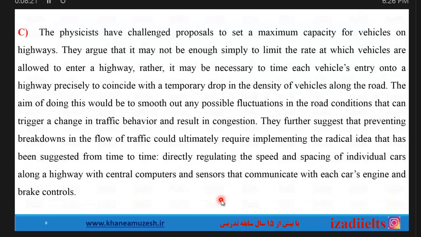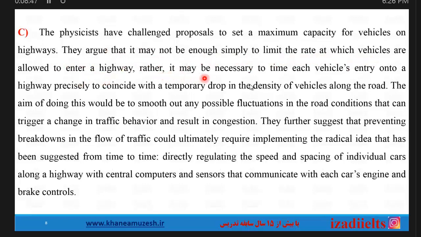This is paragraph C. The physicists have challenged proposals to set a maximum capacity for vehicles on highways. They argue that it may not be enough simply to limit the rate at which vehicles are allowed to enter a highway.